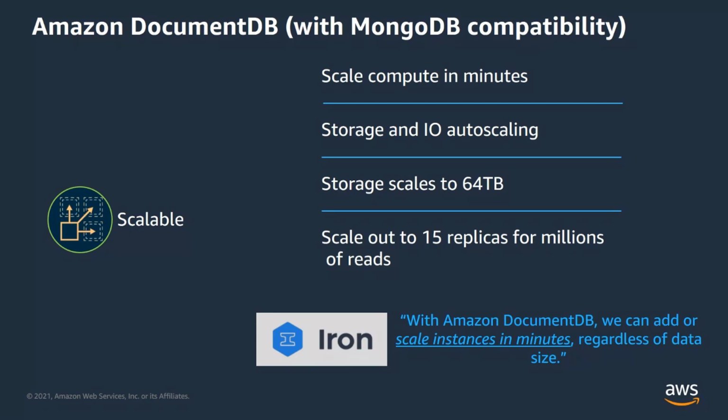DocumentDB is set up to look a lot like MongoDB replica sets, if you're familiar with MongoDB. In that configuration, there's one writer instance, and you can have many reader instances. Those reader instances can take over for the writer in the case that the writer has some sort of failure, but they can also be used to increase read traffic.